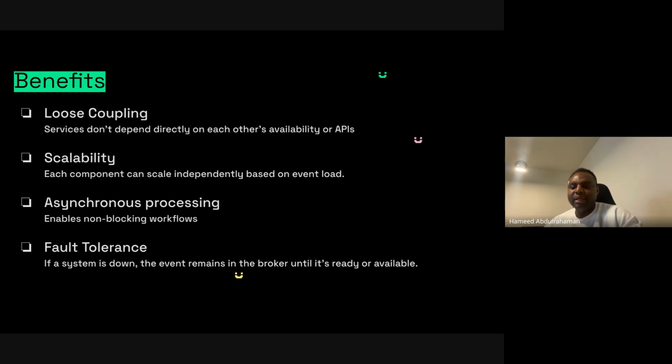Then we have the aspect of fault tolerance, because if a particular service is down, the entire platform is not broken down by that single service. An example is an e-commerce system where the order service is down. Customers can still check out the items in their carts.